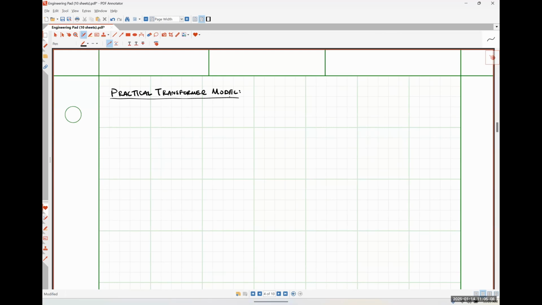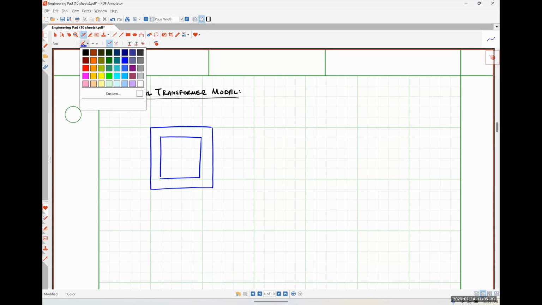So I'm going to now draw another simple portion of a circuit containing a transformer. And I'm going to try to include some of these effects, and then we're going to talk our way through what our practical model is going to look like, okay?